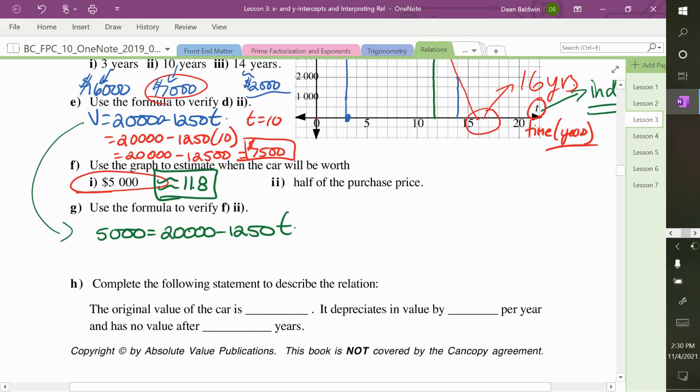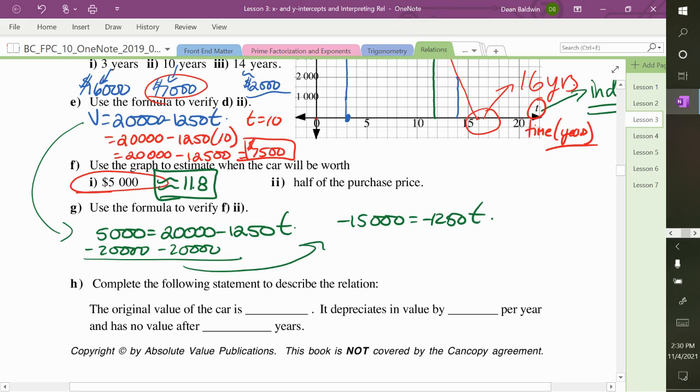How do I solve for t? All right, so I take away 20,000. What's 5,000 minus 20,000? Negative 15,000 is equal to negative 1250t. How do I solve for t?